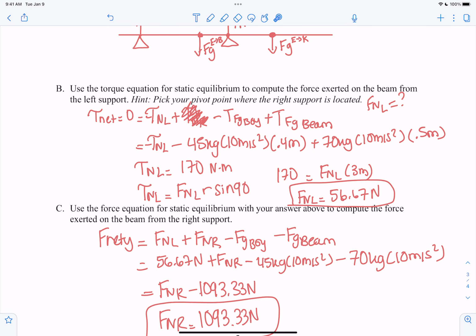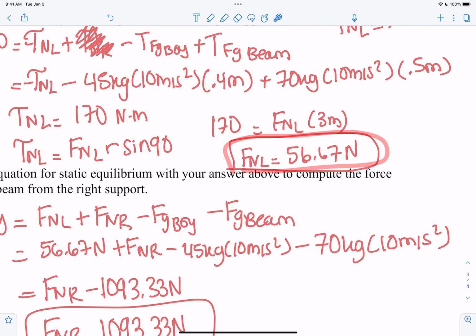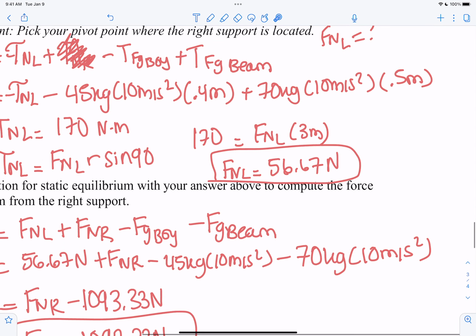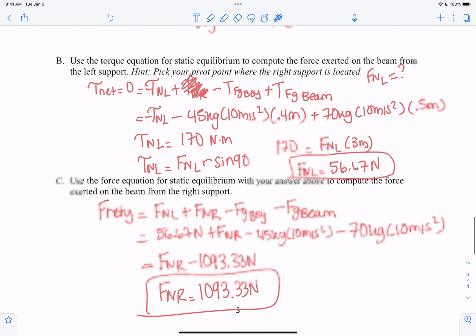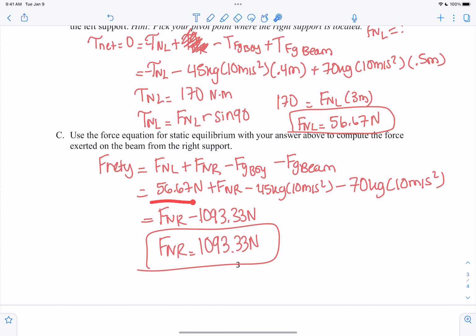And then with regards to the force here, since it's directed along the positive y-axis, we just keep it as 56.67 newtons, because the rest of these are directed along the negative y-axis. And so that's how we integrate them here in the sum of F_y equation for C.